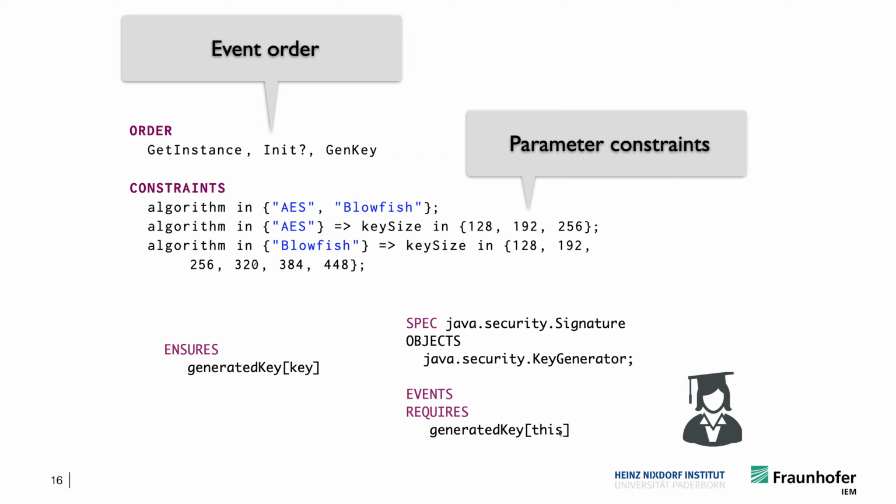Because this way you can bind these specifications together, and for instance, the signature can tell that it has only been correctly used if it has been used with a key that has been securely generated. Okay, so this way you can compose these different individual class-based specifications together. I'll get back to this on a slide a little bit later.